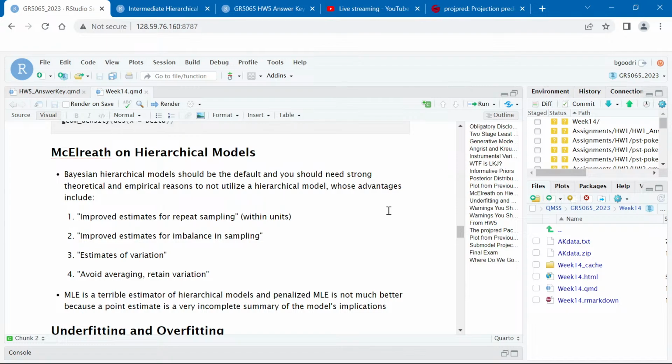For the groups with not very many observations, you automatically get more uncertainty. You get estimates of the sigma across groups, or the rho for the correlation in the A's and the B's across groups, which can, particularly with that rho, really help you get a more narrow posterior distribution. And it allows you to avoid averaging, which is something that you see a lot, particularly in the social sciences.